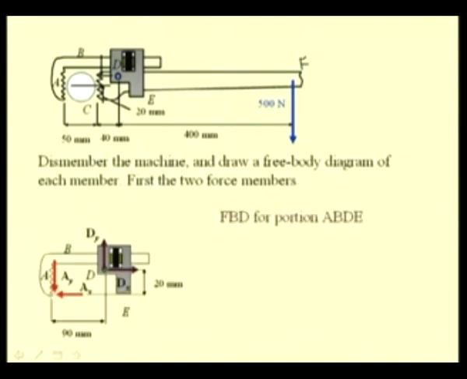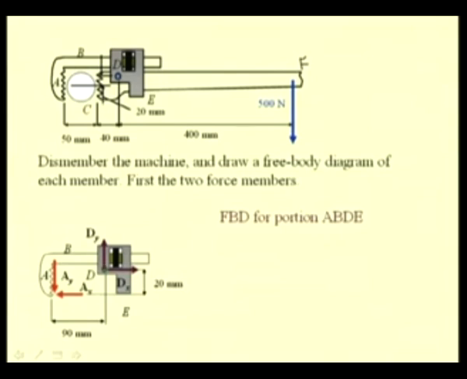This is the free body diagram of the member ABD. At A, we have an unknown reaction both in magnitude and direction, which has been represented by the horizontal as well as vertical components of reaction. At D, we have the pin joint. So, we have two unknowns, that is Dy and Dx.